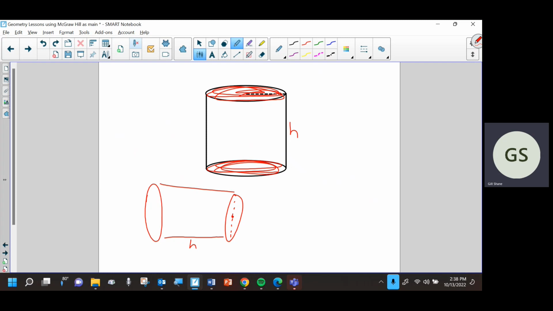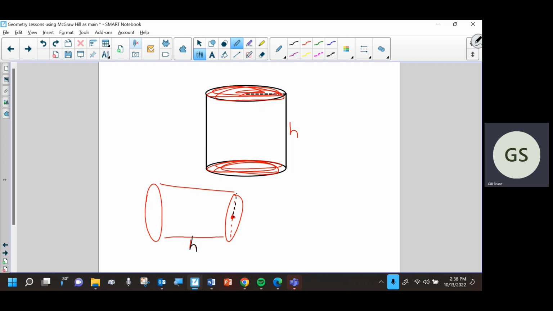We said diameter is a line all the way across a circle. The radius is from this center point out to the edge. So that's the radius. The height, though, is still this line down here, the side that connects the two bases. So that's one thing they could possibly try to throw a trick at you on, like the district test or something.